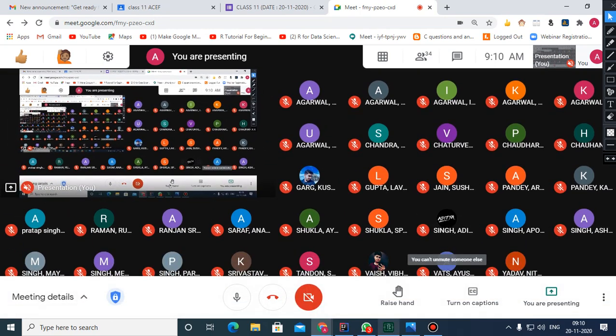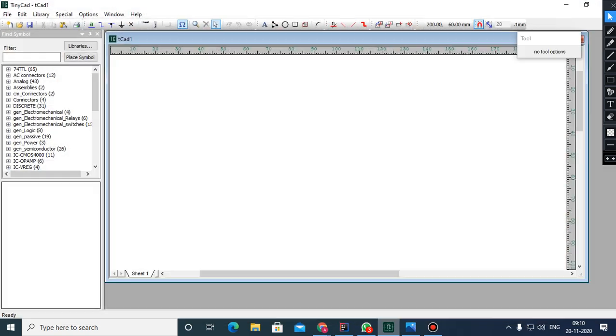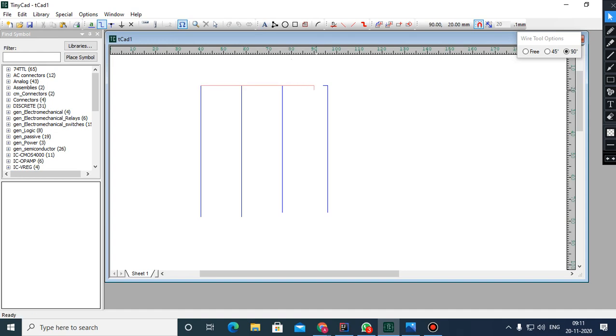Okay, so now here I'm just going to tell you about maxterm and minterm. Children, if you see here, I have taken two variables.